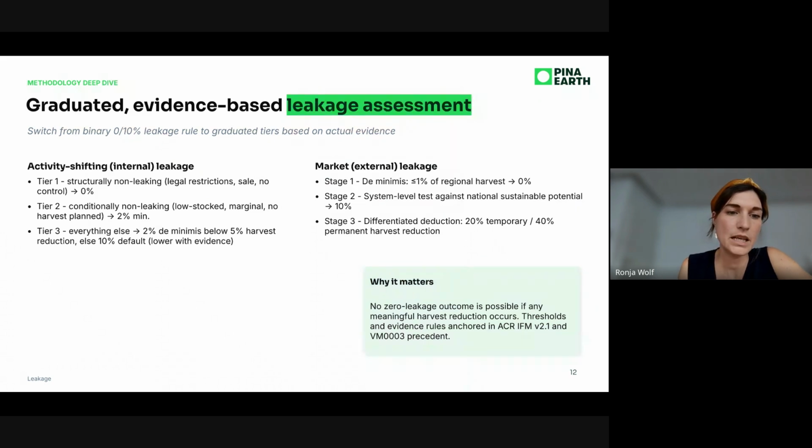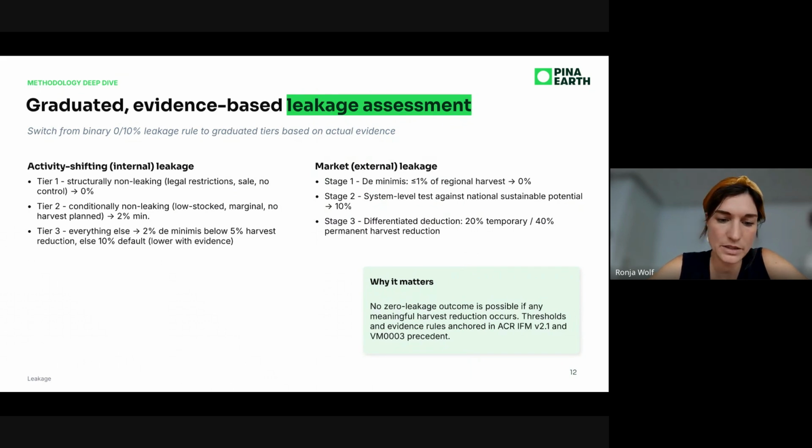added. On the market leakage side, this refers to an increase in harvesting on third-party lands in response to reduced timber supply from the project. So displacement effects outside the project area. And this is a multi-stage assessment that essentially tests if the actual difference in harvested timber volume from the project versus the baseline is anyhow significant in the larger sense of the market to have an actual market displacement effect.